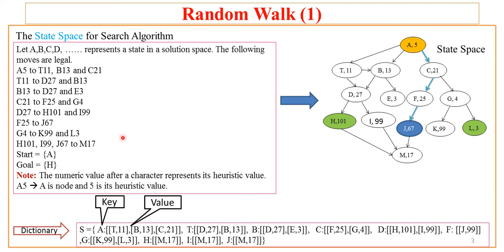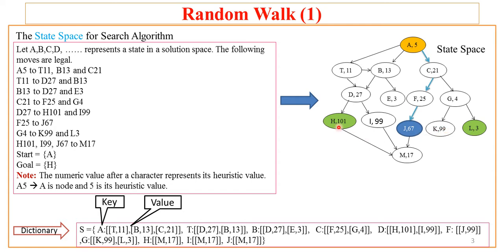Now this representation can straightaway be represented as a graph, so I will directly explain the graph. So here from A one can visit T, B and C, from T one can visit B and D, from B one can visit D and E, from C one can go to F and G, from D one can move to H and I, from F one can move to J, from G one can move to K and L. So here K and L doesn't have any successor or child node.